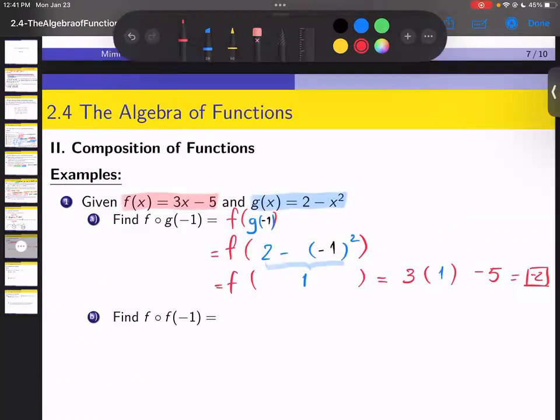Rewrite it. I would rewrite f, the little circle f, of -1, to do what I did right there. Which one is the outside function, which one is the inside function?